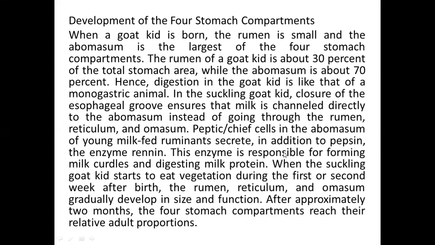This enzyme is responsible for forming milk curds and digesting milk protein. Okay, so rennin has the property that it can make the milk curd, it helps to coagulate the milk. Okay, and this is how the digestion of milk protein is done.